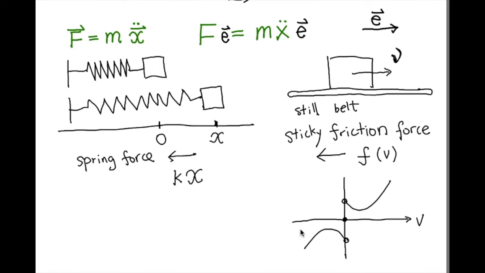And here is the graph of f. When v is 0, that is, the box is not moving relative to the belt, the force is 0. And when v is positive, so when the box is moving to the right, the force is positive to the left. And this is part of a parabola.